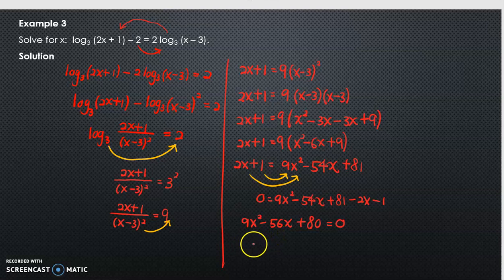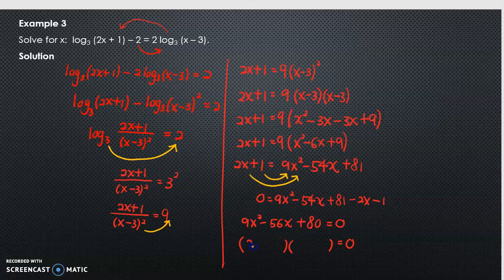So next, I will try to factorize. You can use your calculator. For example, A is 9, B is negative 56, C is 80.